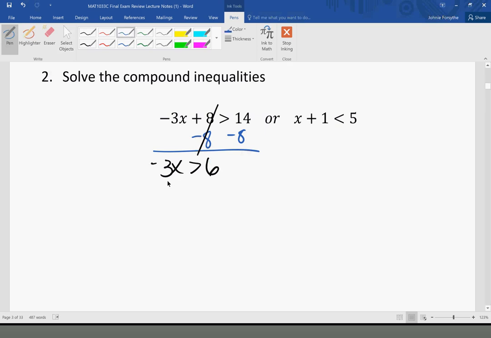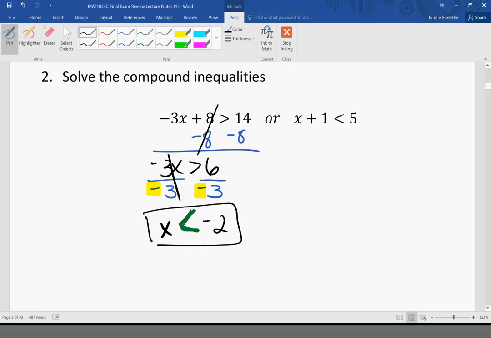Then to solve for x, I'm going to divide by negative 3. Because we're dividing by a negative, we have to flip the inequality. It becomes less than. So x is less than 6 divided by negative 3, which is negative 2. That's the first inequality solution.